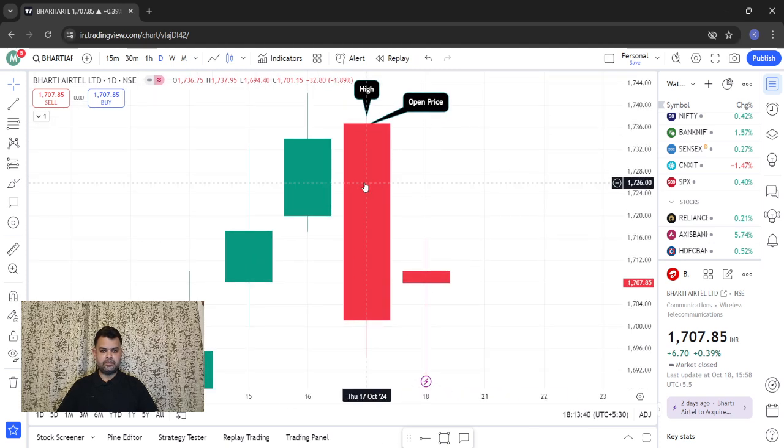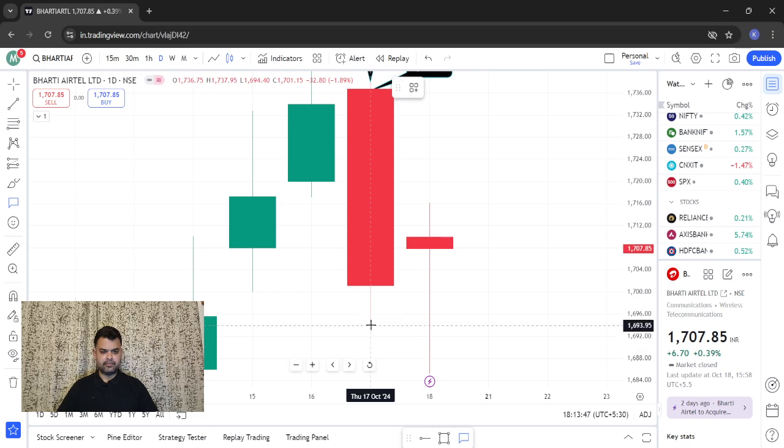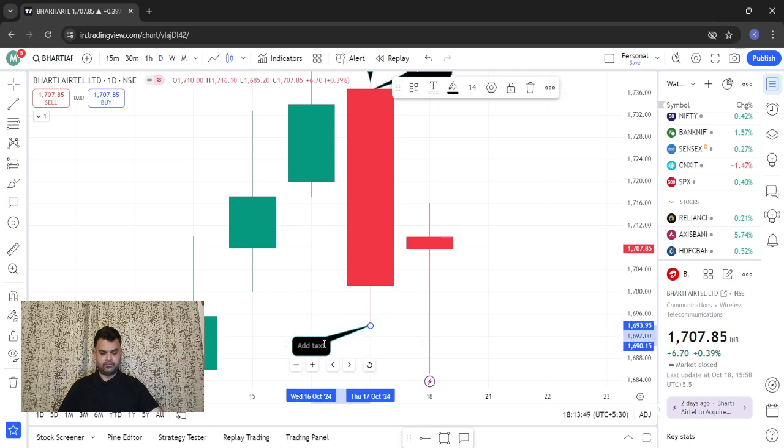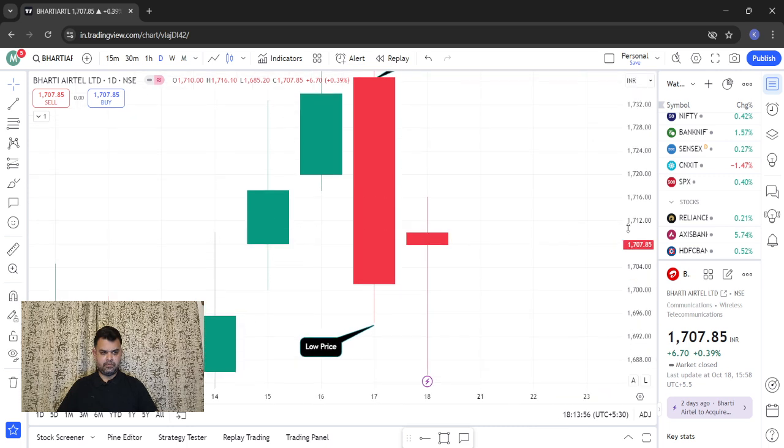The low price stands at 1694.4. And this is the close, the closing price at which Bharti Airtel closed at the closing hours, which stands at 1701.15.